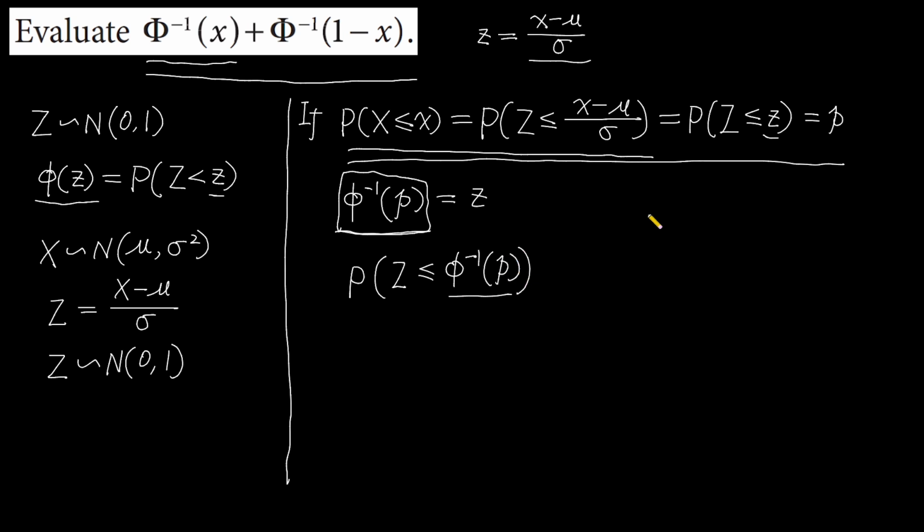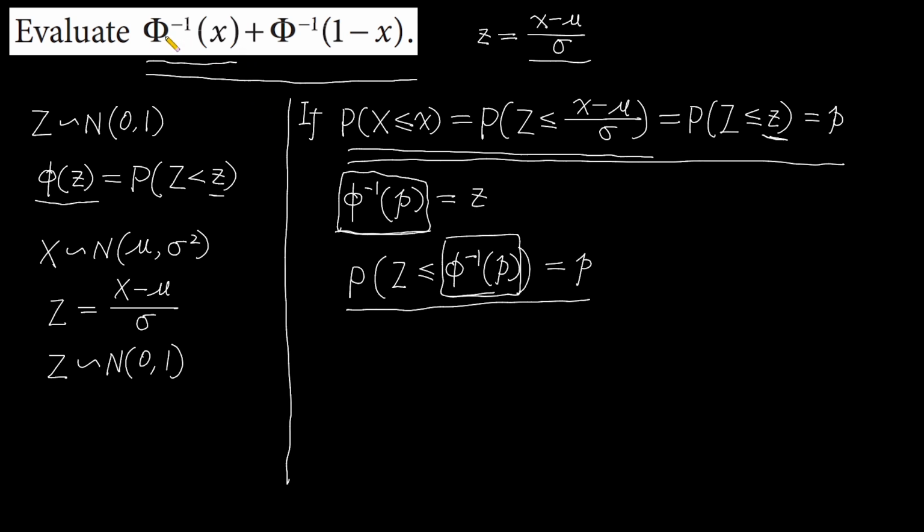We use this to replace the lowercase letter z because they are equal. Then we know this equals p. We just use this to represent the lowercase letter z, and then we can get this equation.